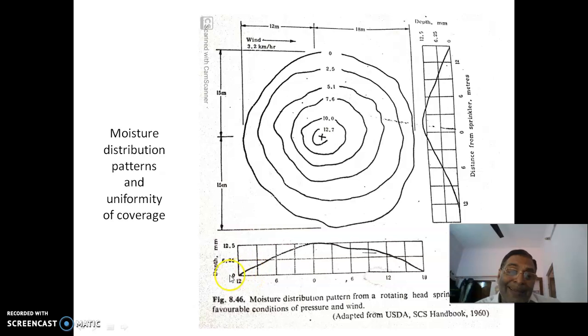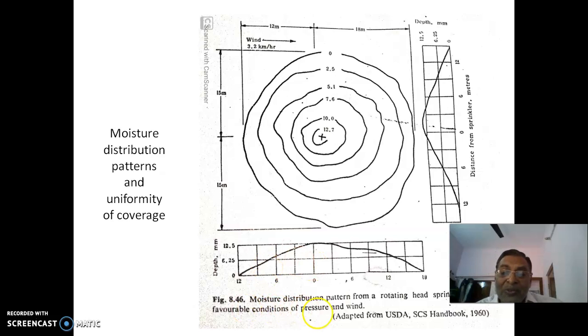As you are moving away, the water application depth is decreasing. Suppose the average depth is around 6-7 centimeters. If you want to fill this gap, you must overlap the sprinkler. This is very much important.